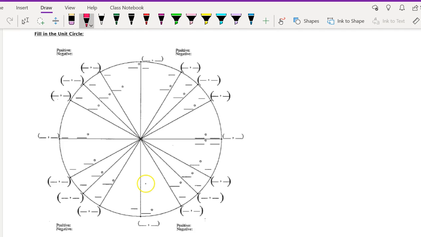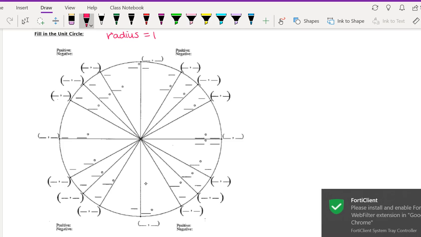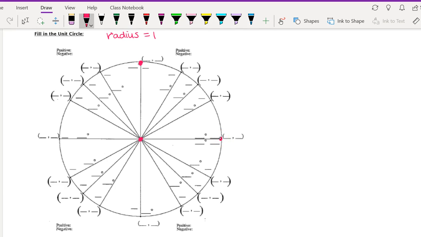So here's your y-axis and your x-axis, where the radius of the circle is equal to 1. What that means is that from every point on the center to a point on the circle is 1 unit.